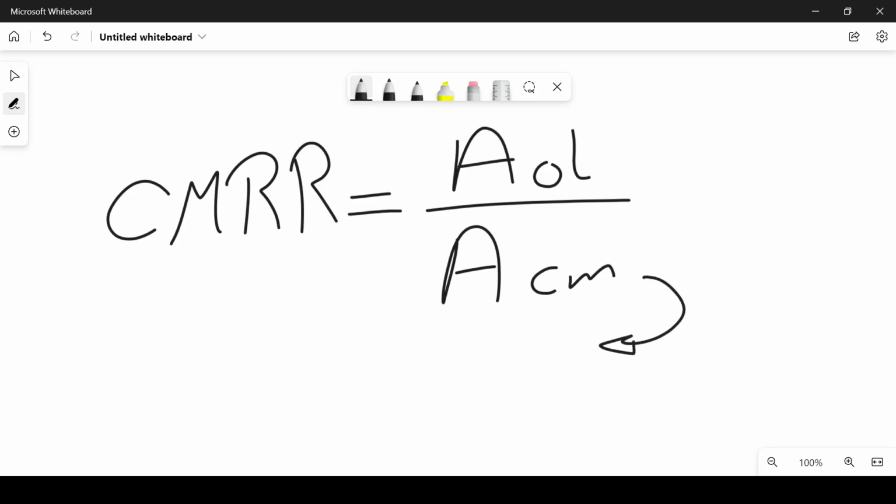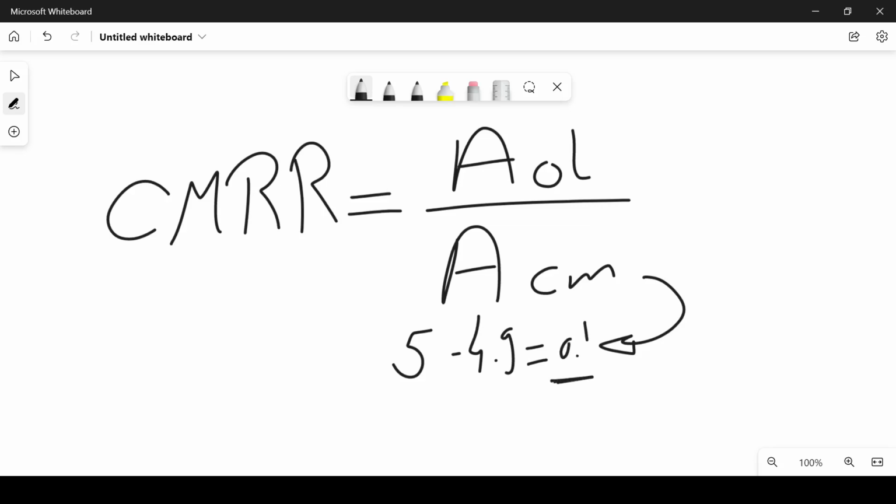We have said that the common mode gain appears when we have two signals that are exactly the same, but there are some small differences. For example, if we have a signal with value 5 minus 4.9, the result is going to be 0.1.